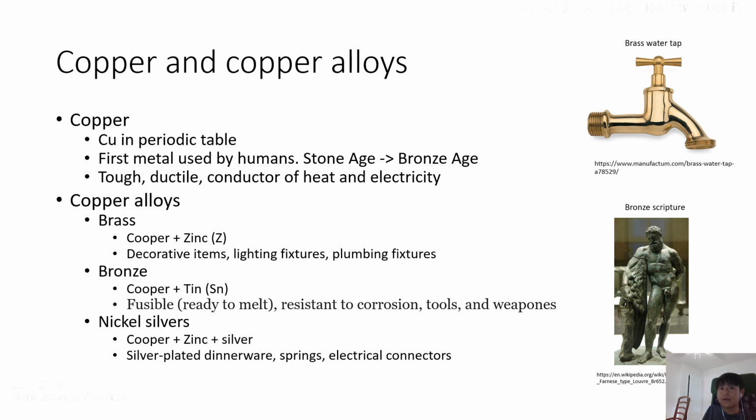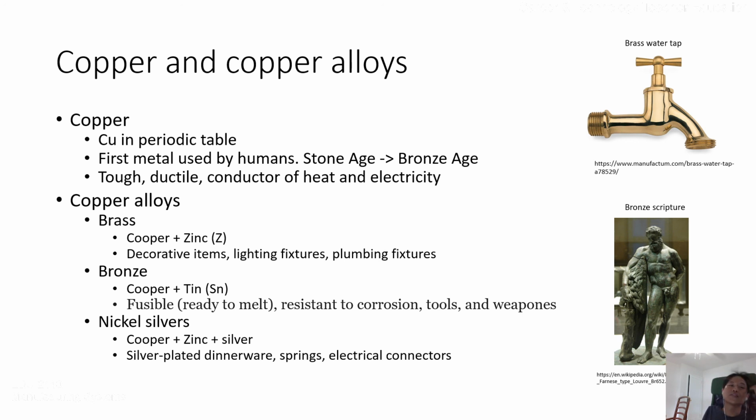And copper and copper alloys. Copper is very interesting because it is also related to human development, the historical periods. I'm going to show you more about this story in the next slide.